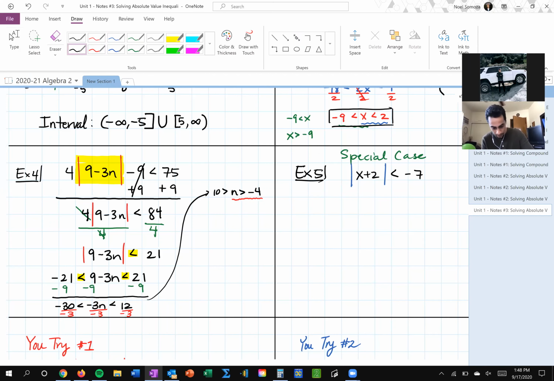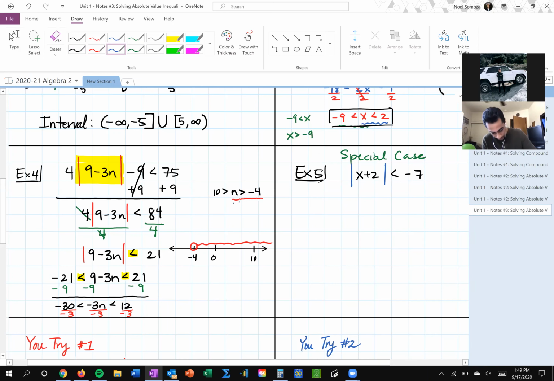All right, so let me graph a line here. I'm going to erase this for now. All right, so here's 0. Here's negative 4, and then we'll put 10 way out here. All right, so at negative 4, open circle, n is greater than, so let's shade to the right.